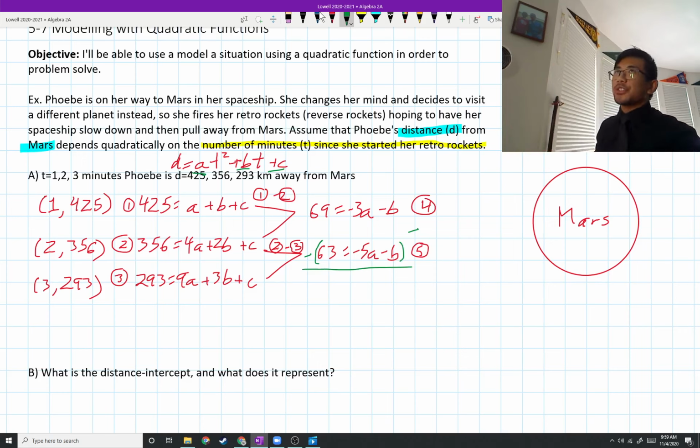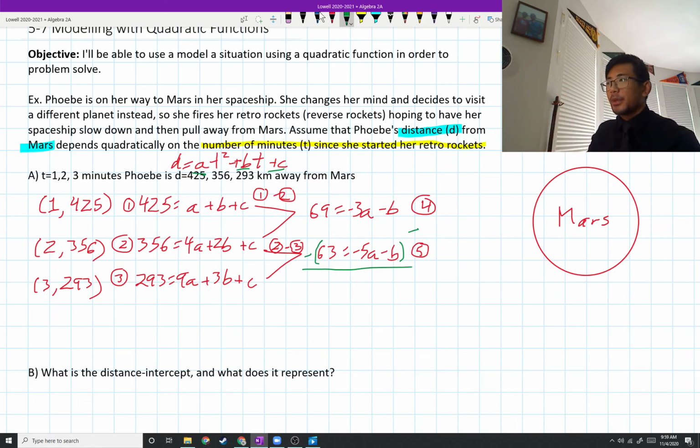Or conversely, you could multiply them by -1 and then subtract. But either way, just make sure that however you combine them, whether it's adding or subtracting, you're eliminating something, because that's the whole point of this process. Get rid of the variables one at a time until you end up with just one that you know.